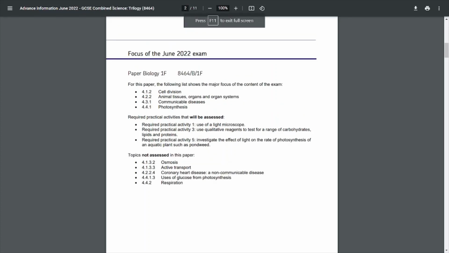For the Combined Science AQA course, it's a different story because in Foundation, cell division is coming up, as is the microscopy practical, but osmosis isn't coming up at all, and neither is active transport, while the rest of it is diffusion and cell structure that might come up.